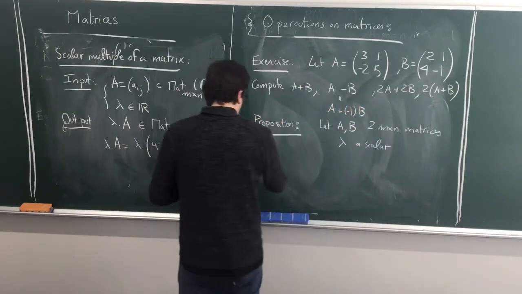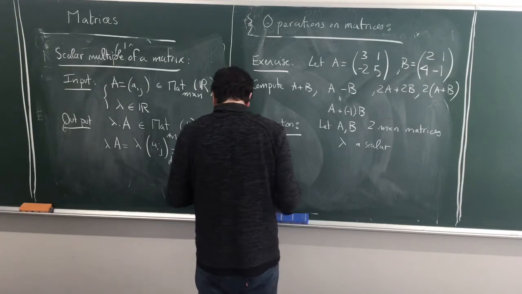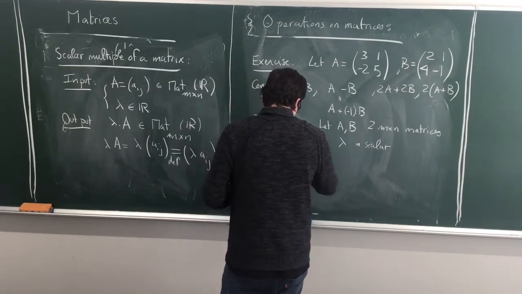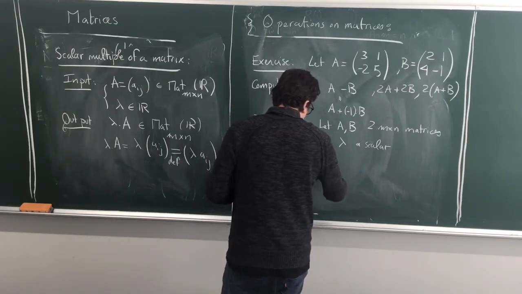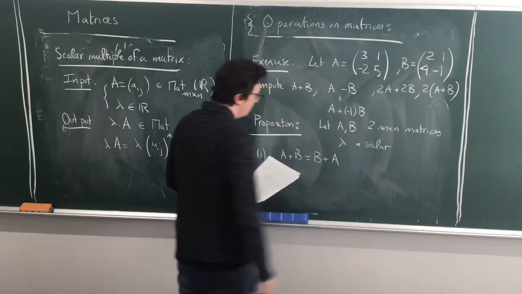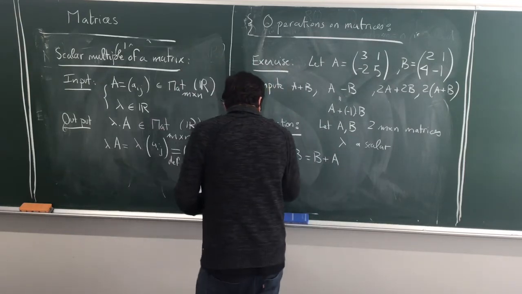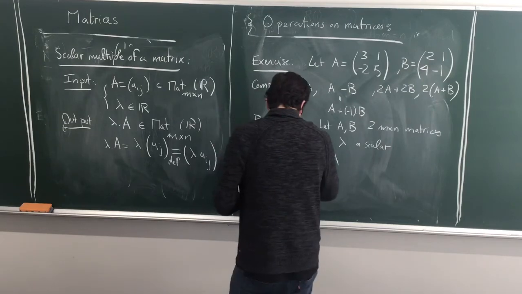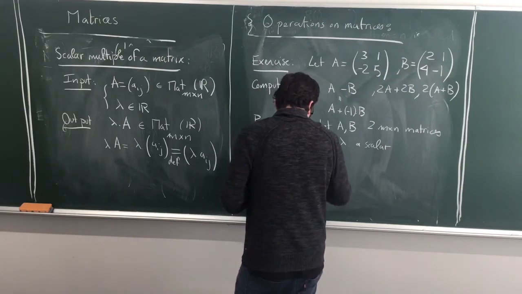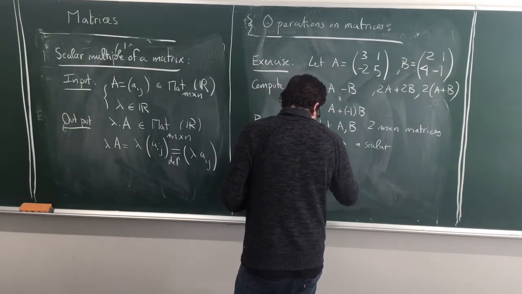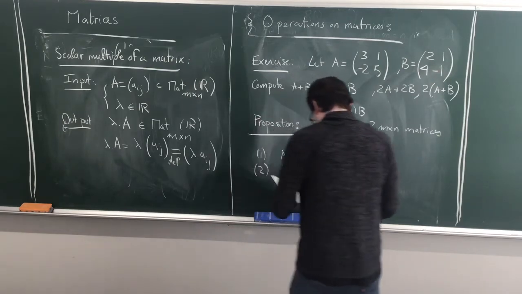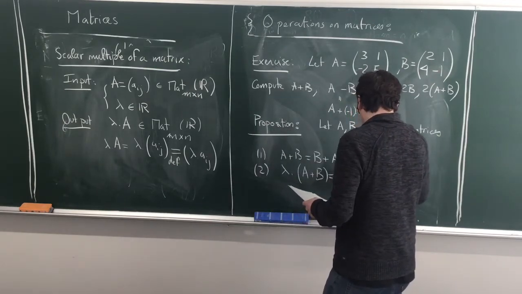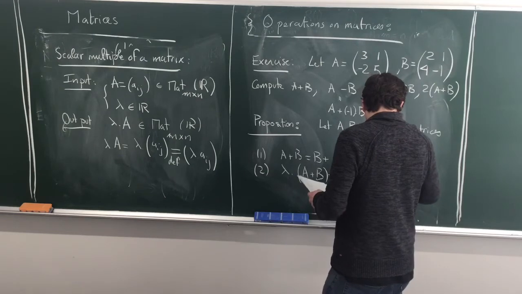Now we have the following proposition. First of all, A plus B will always be equal to B plus A. The second property is that lambda dot (A plus B) will be equal to lambda A plus lambda B.